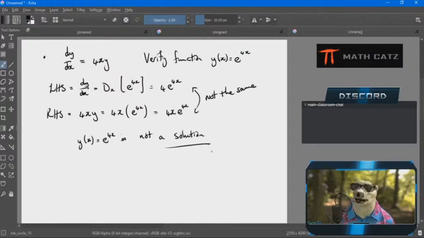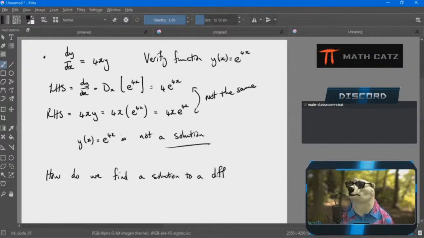You can then say, okay, that wasn't a solution. Great. How do we then find a solution? It's fine if you give me one and it works, but if you give me one and it doesn't work, or you don't give me one, how do I find a solution to a differential equation?